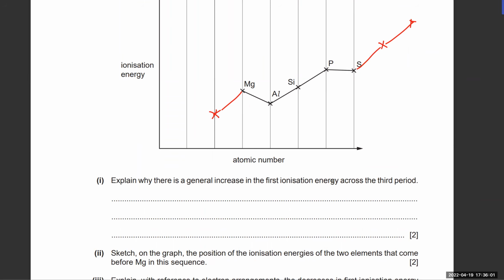So what happens across the period? What are the 2 points? Number 1, why do the ionization energies increase across the period? Because the number of protons, the nuclear charge, increases. So you've got more protons, more nuclear charge. Any other factor apart from that? Similar shielding. So the same shielding.